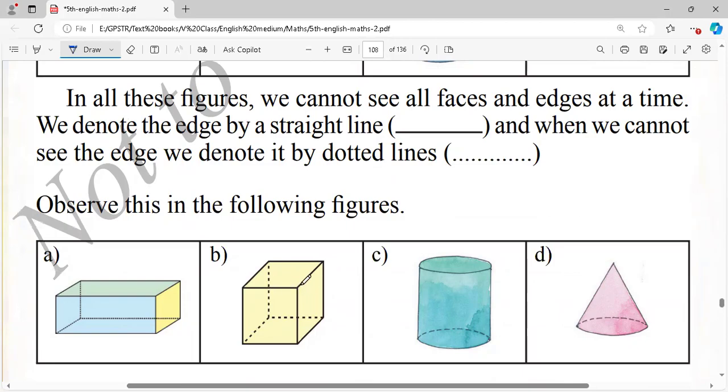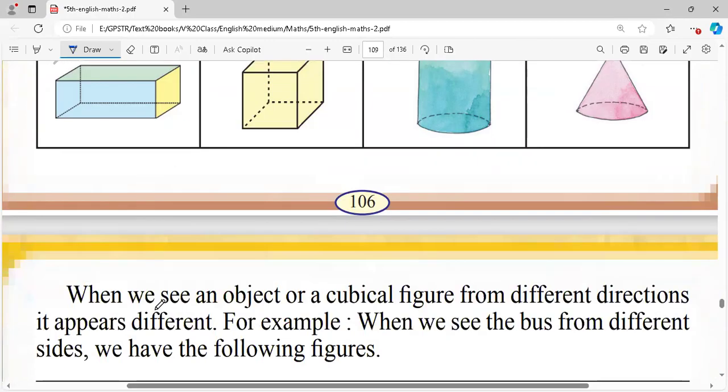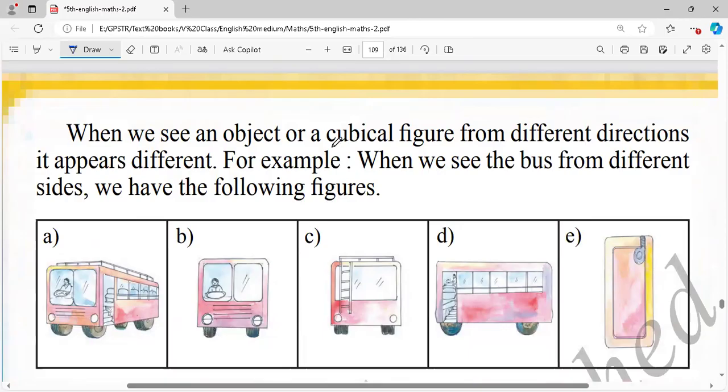Straight lines or dark lines, we can see. In the cylinder, this is a dotted line. In the cone, this is a dotted line. This is a straight line or dark line. Dotted lines in the cuboid, we cannot see them. That's why they are dotted lines.